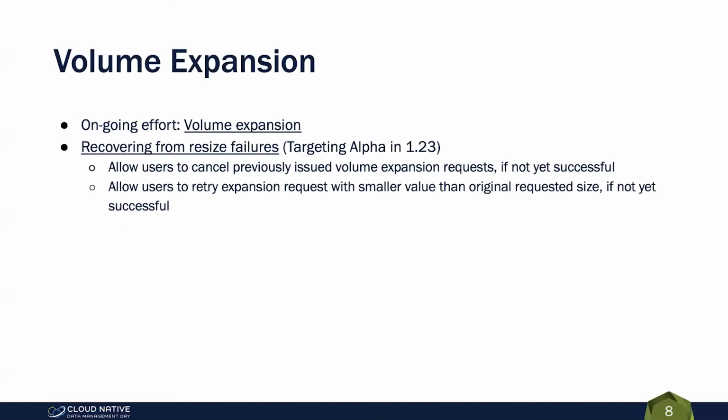The goal is to allow users to cancel previously issued volume expansion requests, assuming they are not yet successful or have failed. It would also allow users to retry expansion requests with a smaller value than the originally requested size, assuming previous requests are not yet successful or have failed. This is targeting alpha in 1.23 release.